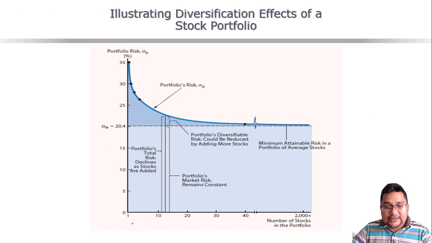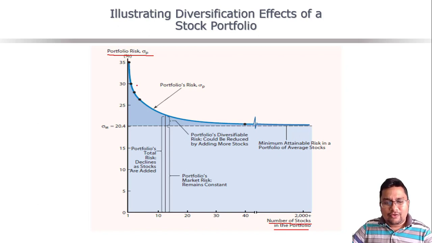The x-axis is showing the number of stocks in the portfolio, and the y-axis is showing the portfolio risk in terms of sigma, the standard deviation of the portfolio, sigma p. So let us look at the addition of the second stock. If you add the second or third or fourth stock at the initial level, and keep adding more and more stocks to the portfolio, you will see that the total standard deviation of the portfolio will reduce significantly.